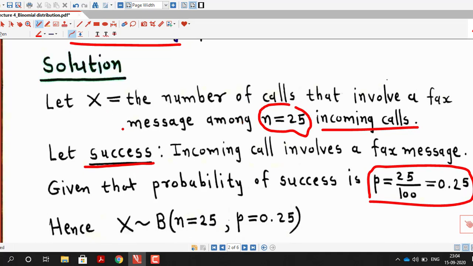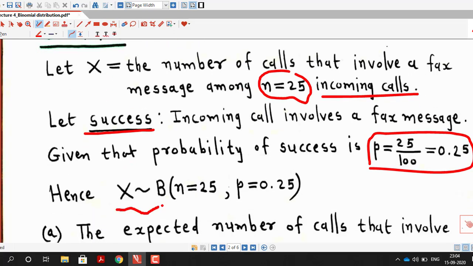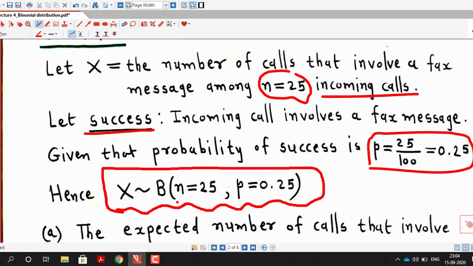So we can say that capital X is a binomial random variable with n equal to 25 and probability of success 0.25.